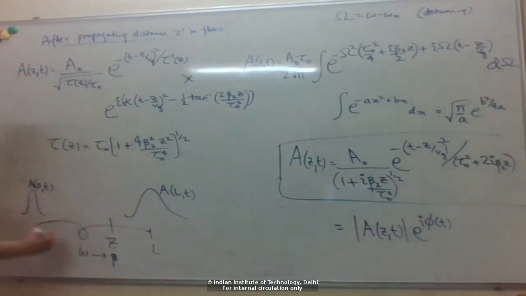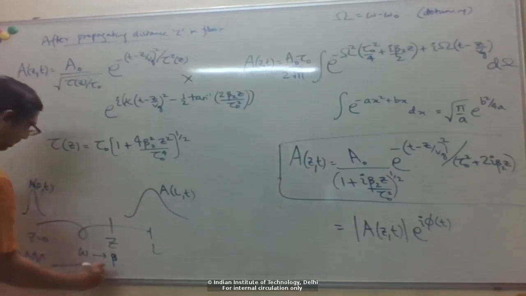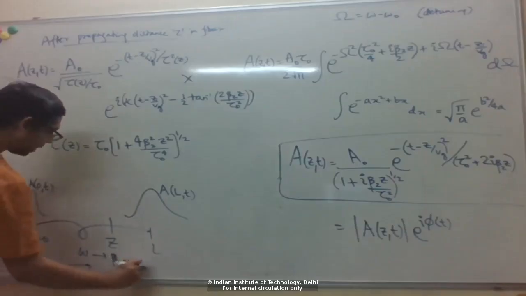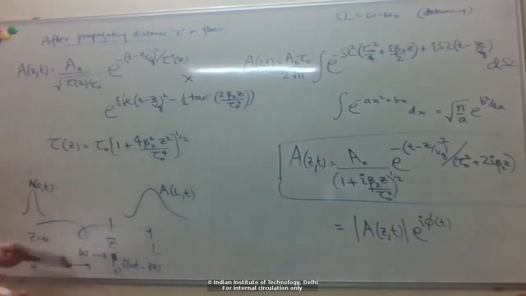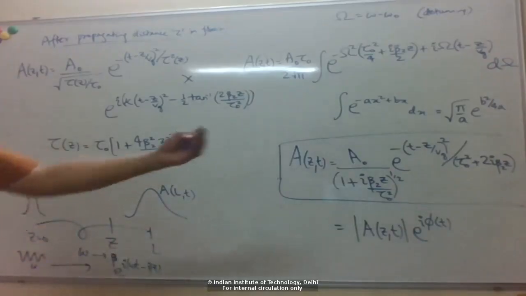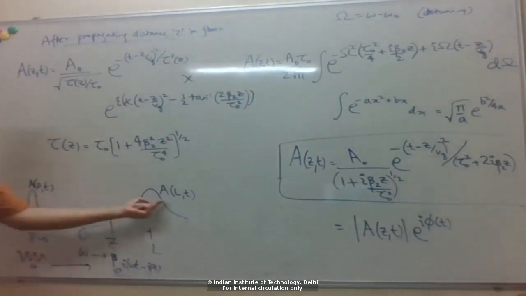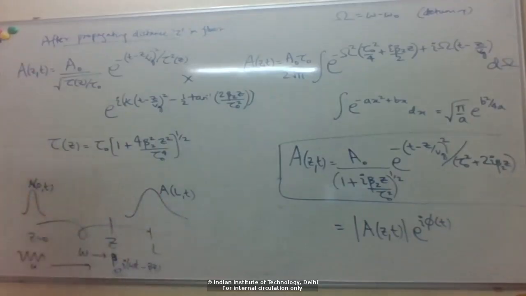So if I start with a monochromatic wave at frequency omega, the only thing that happens to it is that it acquires a phase e to the i(omega t minus beta z), because that's what a mode is. It just propagates and acquires a phase. So we know how a single frequency propagates through the fiber, and we want to use this fact to calculate how the pulse propagates.